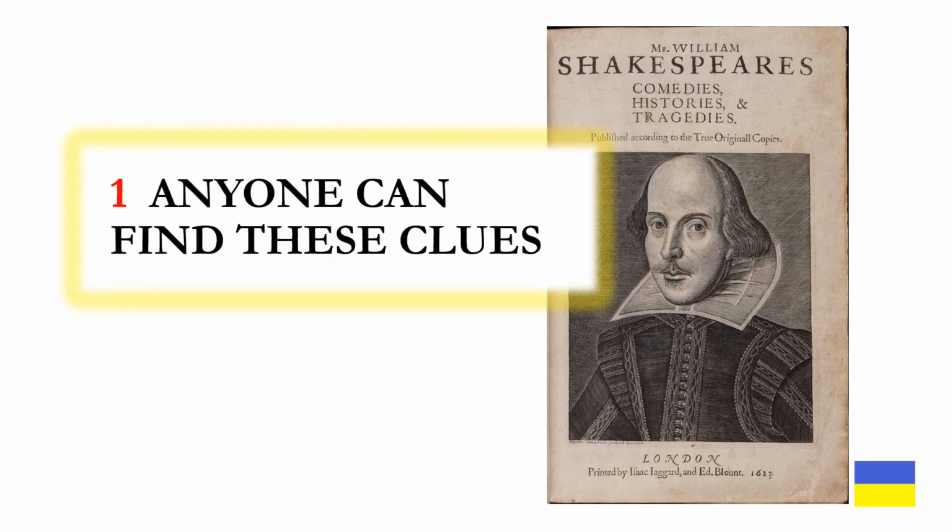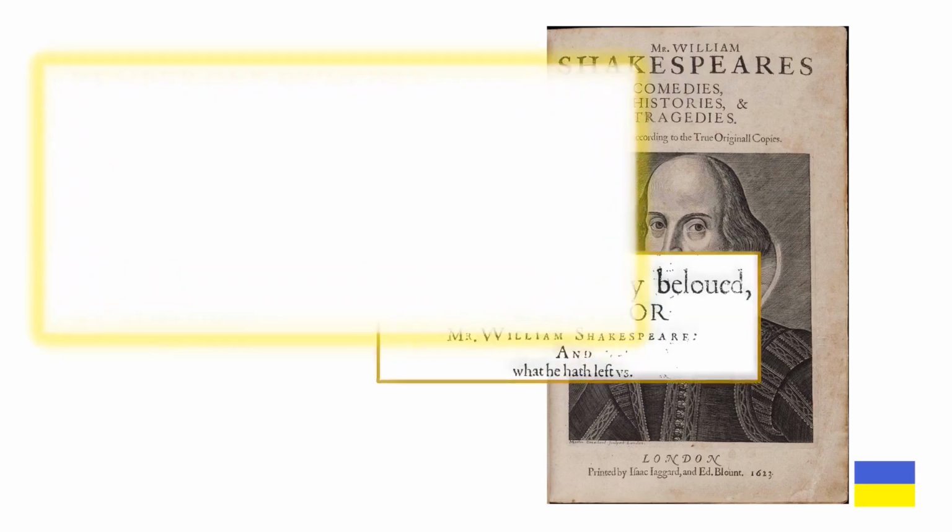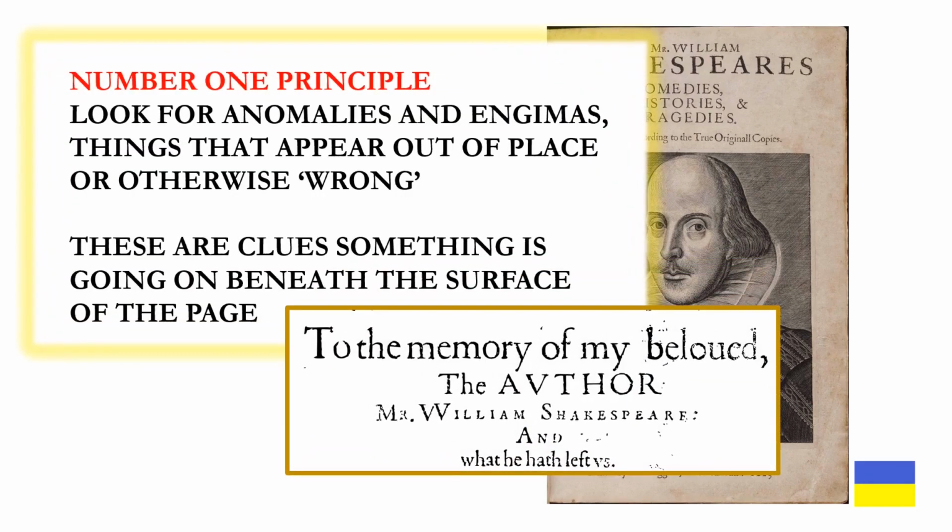That means anyone can find these clues. The number one principle behind this is that we have to look for anomalies and enigmas, things that appear out of place or otherwise wrong. These are clues something is going on beneath the surface of the page.